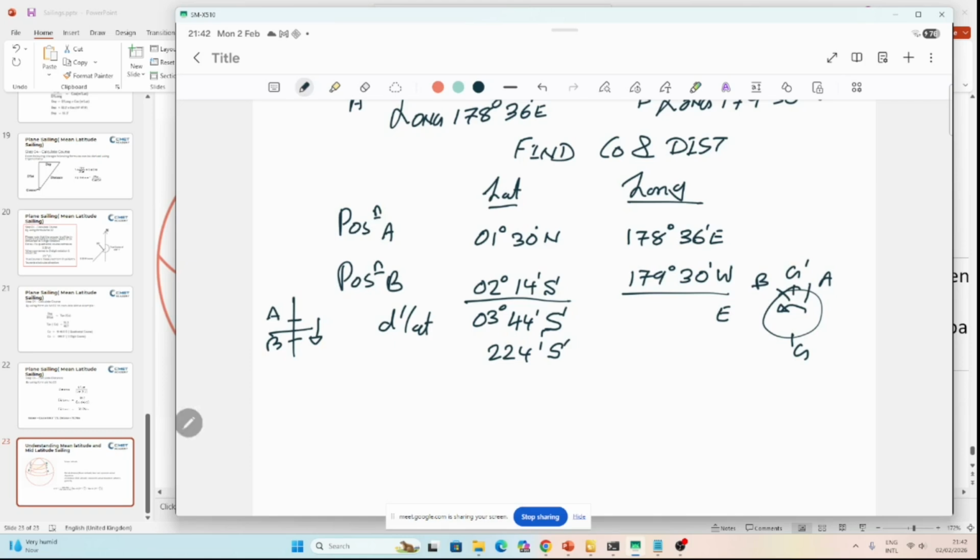And 36 plus 30 minus 60 is 6 minutes. 180 plus 178, which is 358, and 60 minus 6 is 54, and 329.